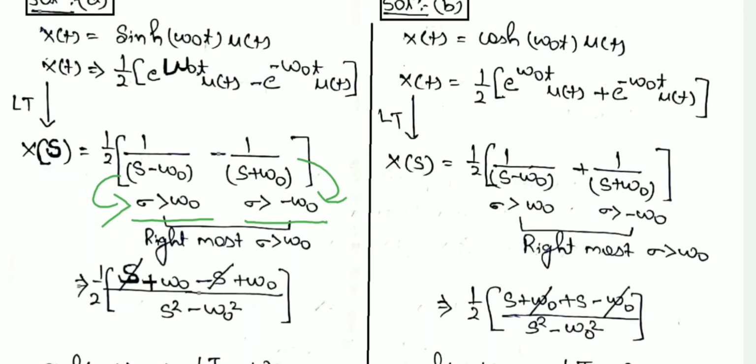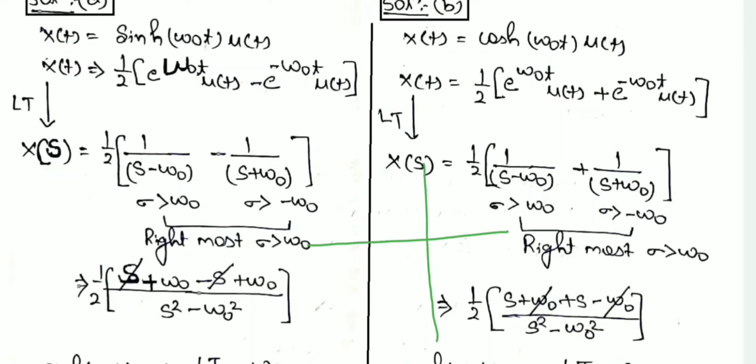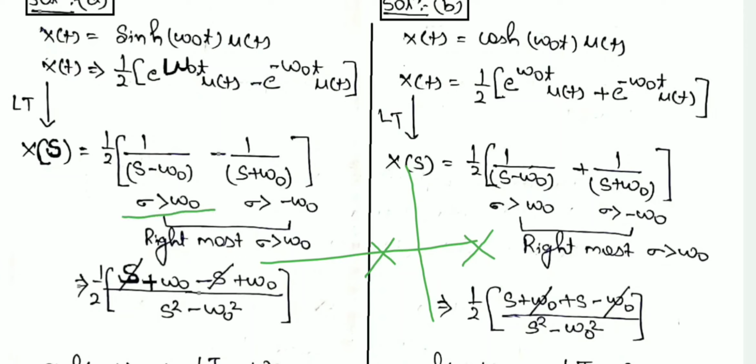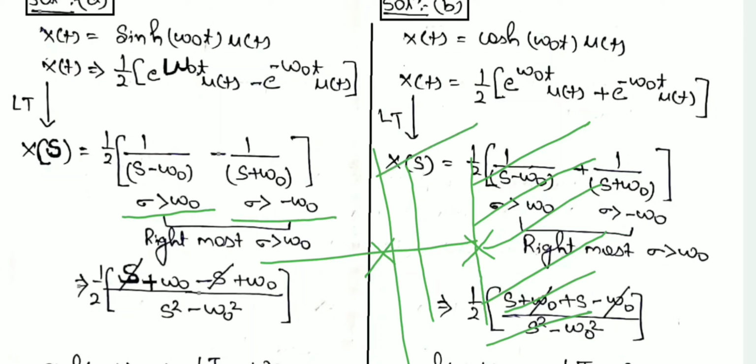When we plot in the S plane, let's suppose omega naught is on this side and minus omega naught is on this side. The first equation tells us that sigma should be greater than omega naught, and the second shows that it is greater than minus omega naught, on the same right side.